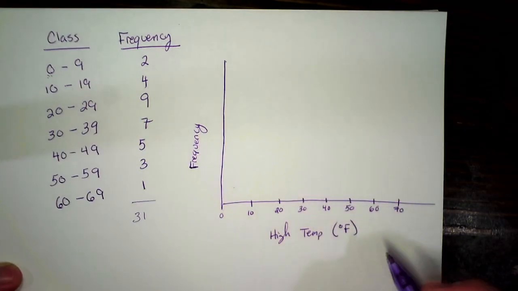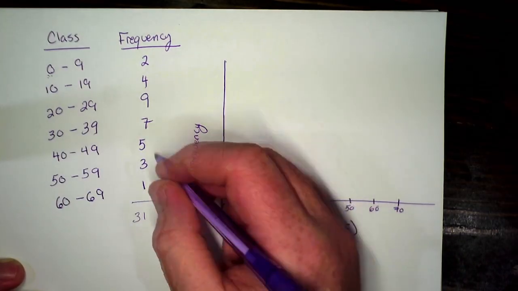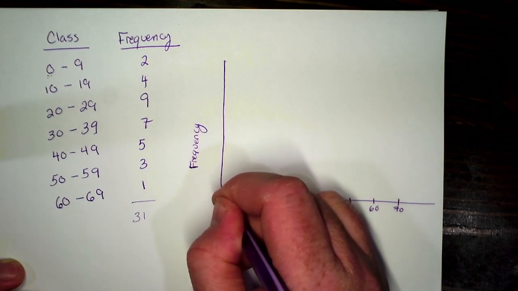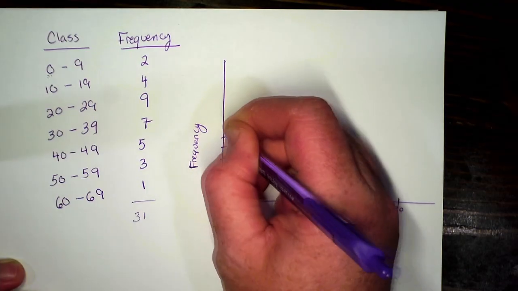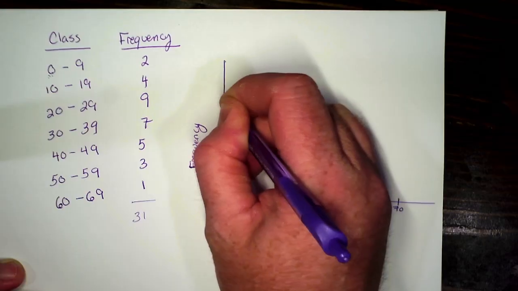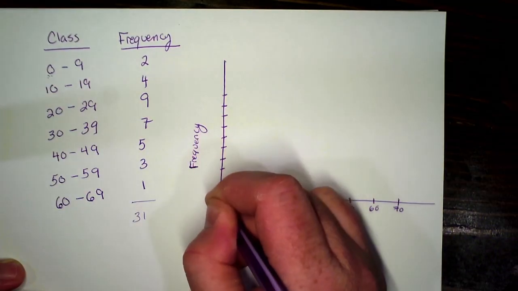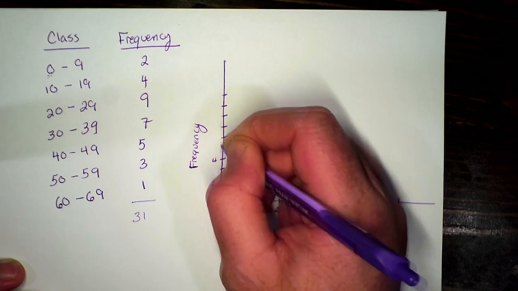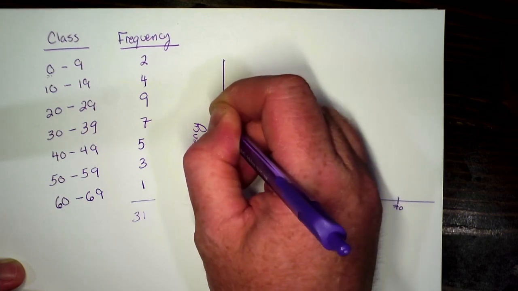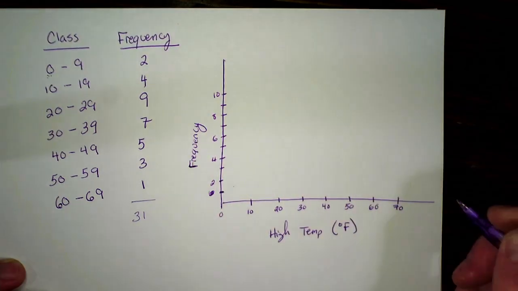You just have a section without a bar. But it looks like we need to go to at least 9. So we'll go 1, 2, 3, 4, 5, 6, 7, 8, 9. And maybe I'll just go to 10 and whoops, I already messed that up. I was going to just count by twos. Made it a little too easy on myself, I guess.